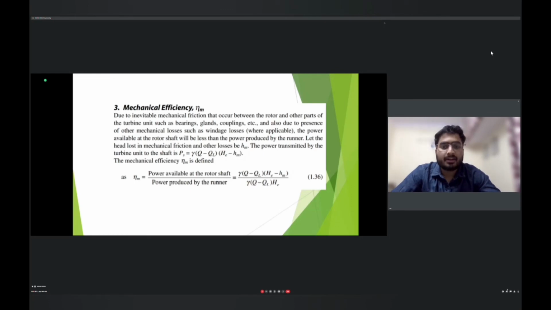Let the head lost in mechanical friction and other losses be HM. The power transmitted by the turbine unit to the shaft is given as P equal to gamma times (Q minus Q1) times (HE minus HM). So the formula for mechanical efficiency is power available at the rotor shaft divided by power produced by the runner.